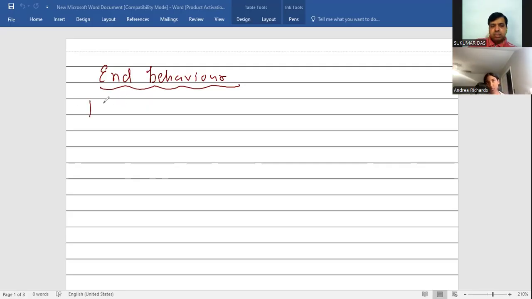First of all, we are considering a polynomial function of leading coefficient a_n and degree n. So we know that any polynomial function can be written like this: a_n x to the power n plus a_(n-1) x to the power n minus 1 plus dot dot dot all the way up to a_1 x plus a_0. This is our general polynomial function.